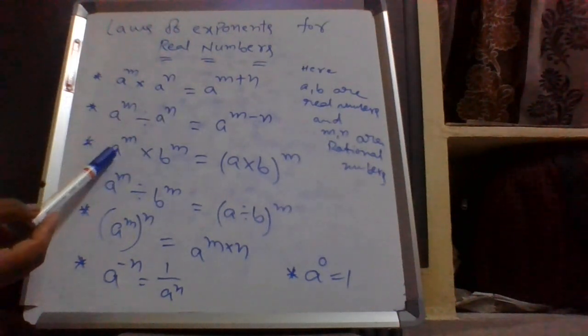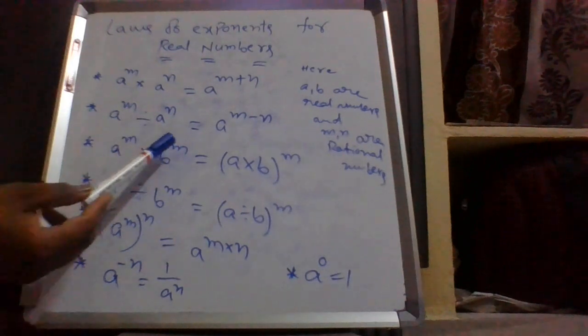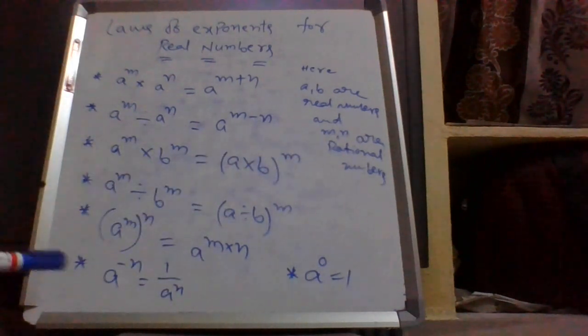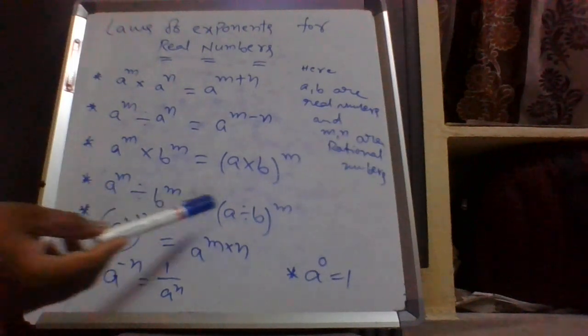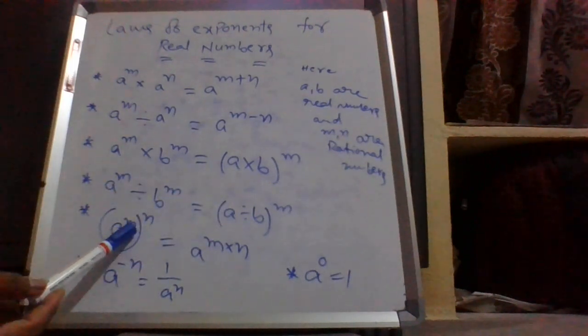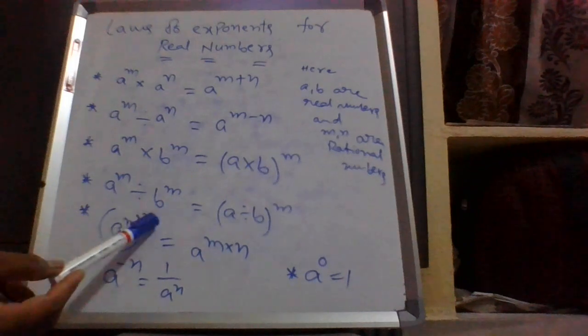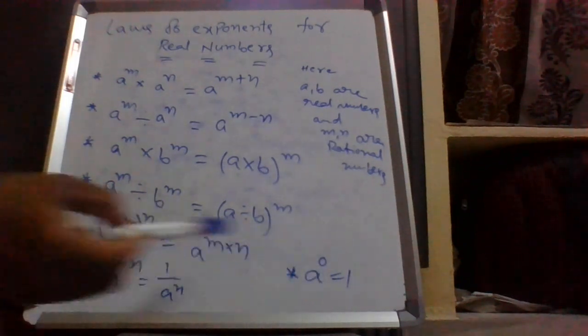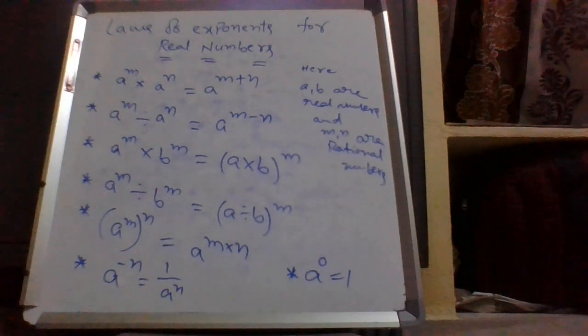A power m, b power m: if the powers are same and they are in multiplication, multiply the bases and write whole power m. If it is division, divide the bases and write whole power m. A power m whole power n formula, multiply both exponents. And a power minus n is equal to 1 by a power n, and a power 0 value is 1. Here a comma b are real numbers and m n are rational numbers. These are the laws of exponents.